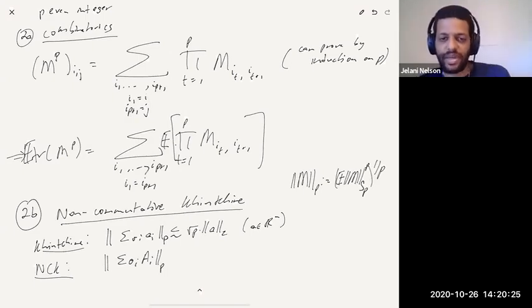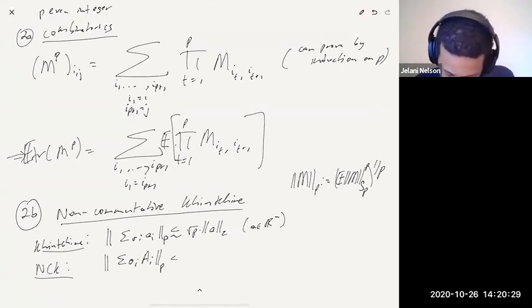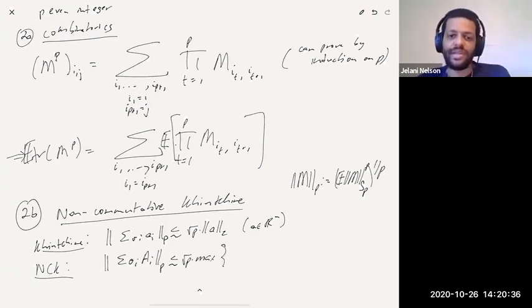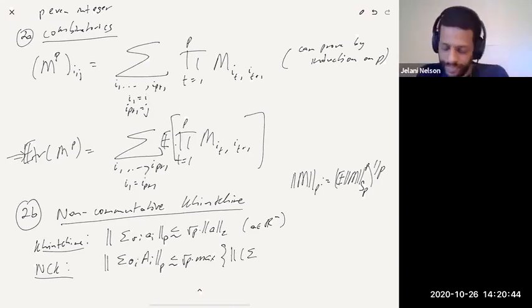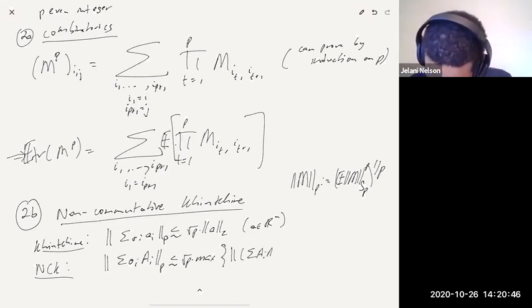Okay. And then non-commutative Khinchin says that this thing is at most root p times the max of two things. It doesn't matter if the A_i are symmetric, but basically, on the one hand, the sum of A_i A_i transpose to the 1/2, and the other is the sum of A_i transpose A_i to the 1/2.